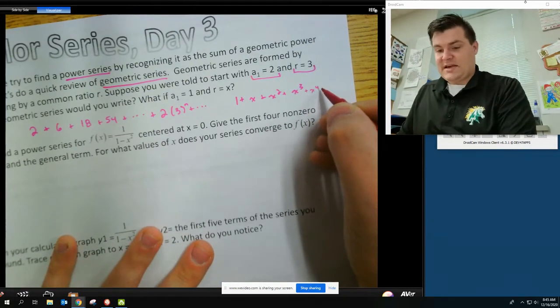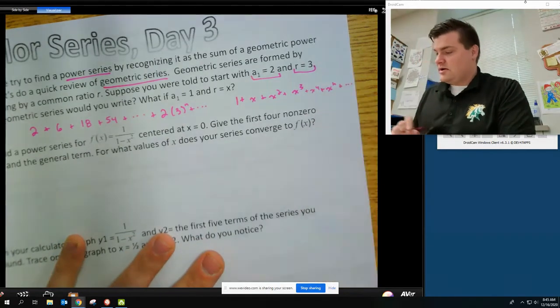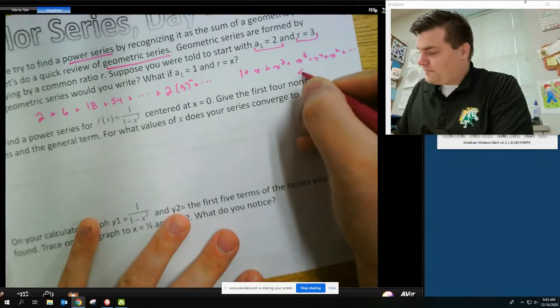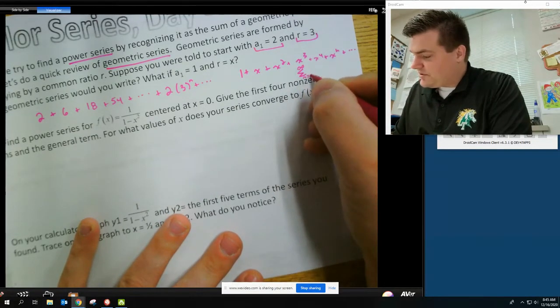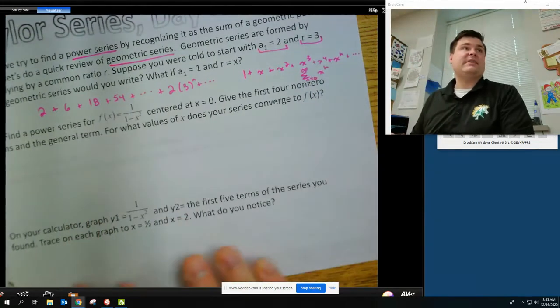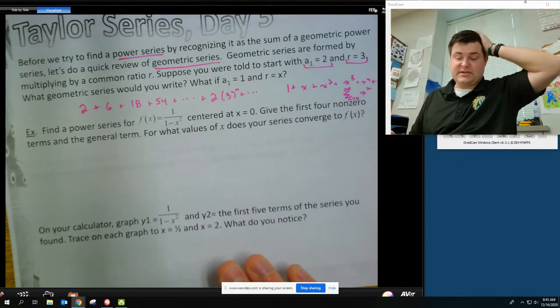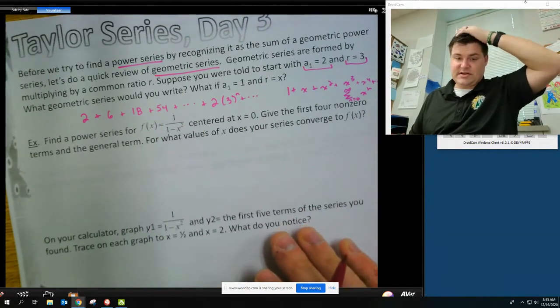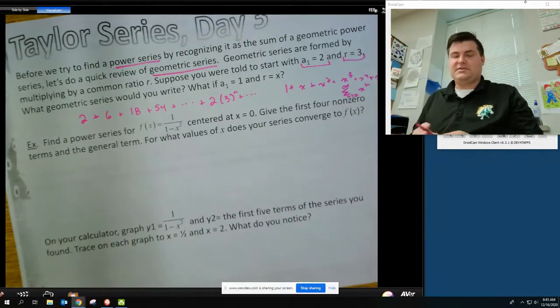If I'm going to write this in sigma form, this is going to go from n equals 0 of x to the n. So if we can recognize that some of these turn into geometric series, we can use this as the old power series, and we can answer these questions a lot easier.